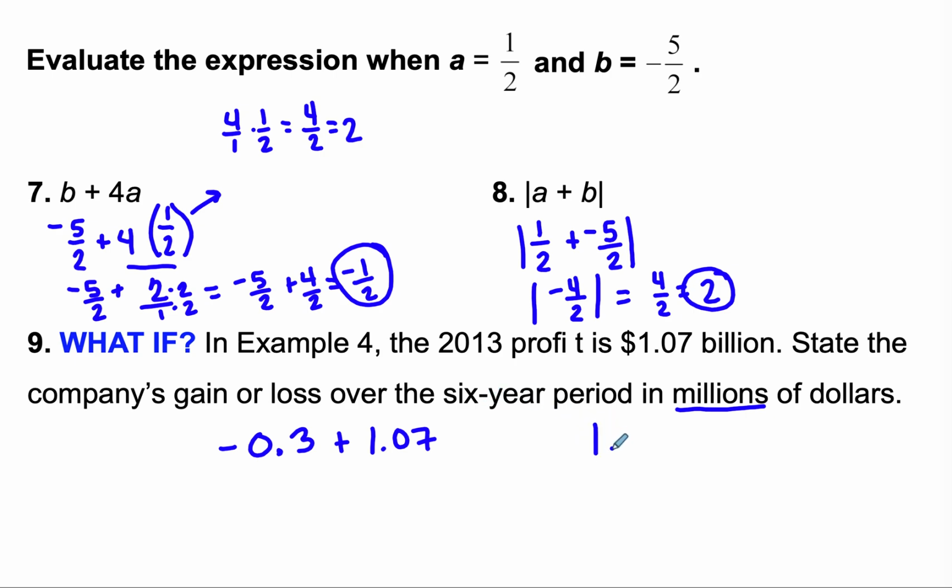I need to rewrite it so the greater absolute value is on the top and my decimals are lined up. I am going to need a placeholder 0 here. Okay, so different signs, find the difference. 7 minus 0 is 7. 0 minus 3 takes me into the negative, so I've got to borrow from the 1. That makes this a 10. 10 minus 3 is 7. Bring down my decimal. More positive, answer is positive. So I have 77 billion.